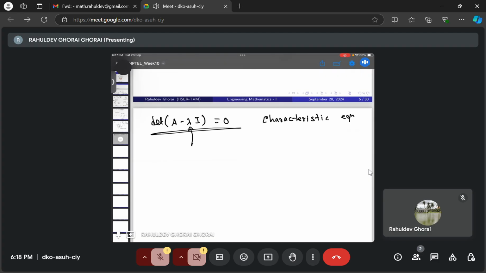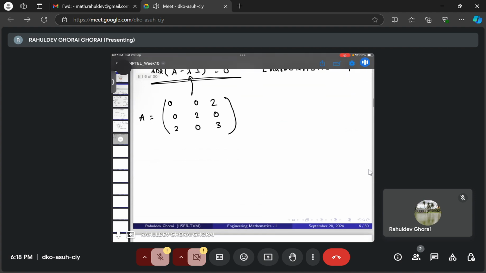Let's say you start with the matrix 0, 0, 2, 0, 2, 0, 2, 0, 3. Here I will show how you evaluate eigenvalues.